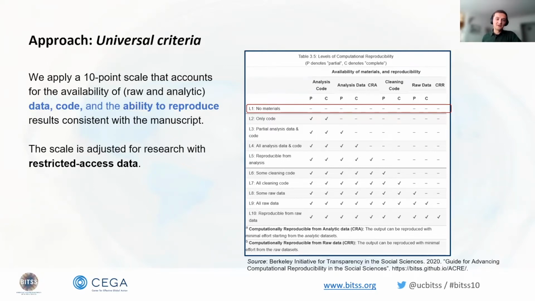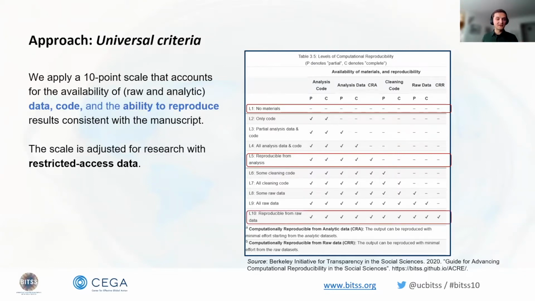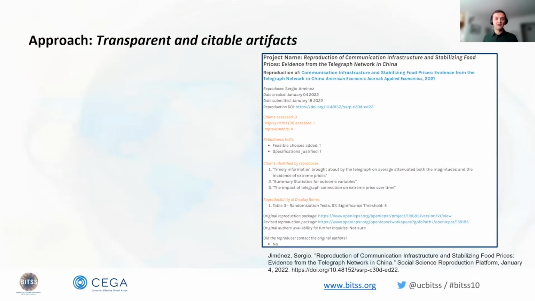The scale moves from level 1, which applies to display items where no reproduction materials are available, through level 5, where they're reproducible from the analysis data, after the data have been cleaned and prepared to produce the final output, to the gold standard of reproducibility, which is the ability to reproduce everything from the raw data.